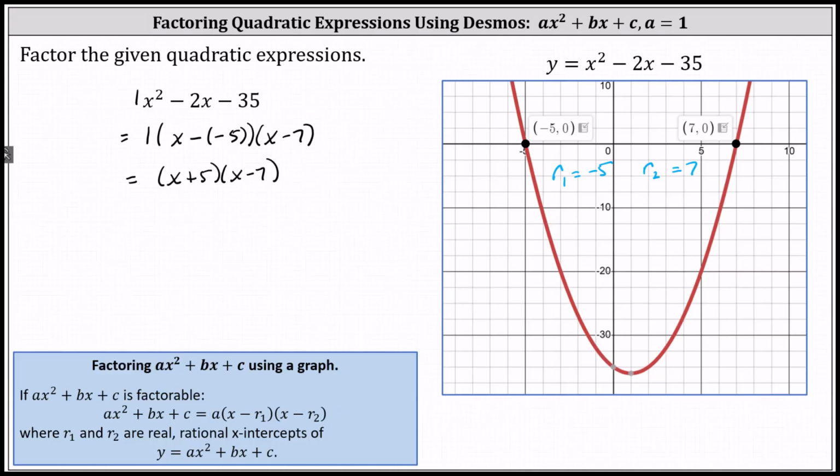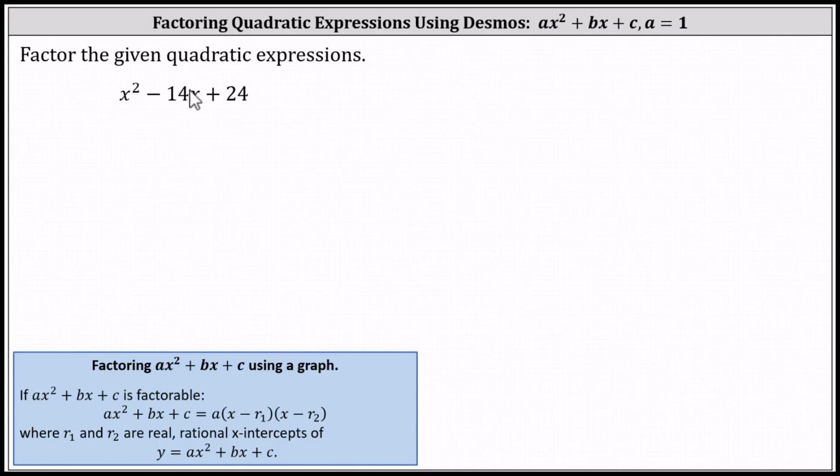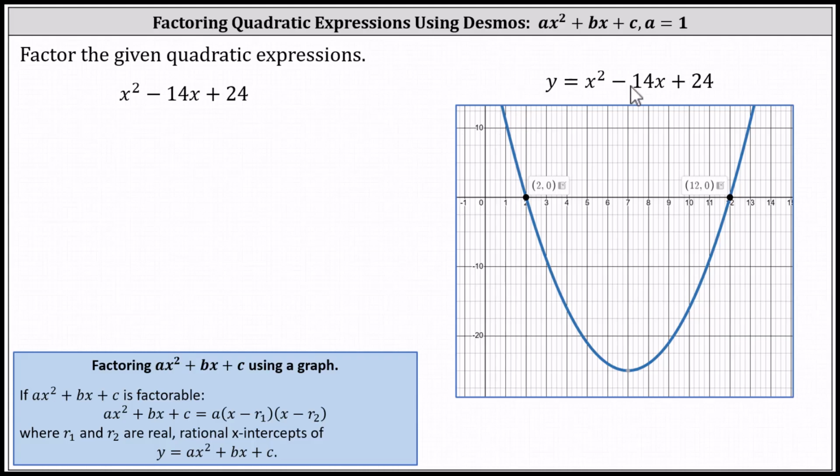Let's look at another example. To factor x squared minus 14x plus 24, we can analyze the graph of y equals x squared minus 14x plus 24 and determine the x-intercepts. Notice the graph intersects the x-axis at x equals +2 and x equals +12. Therefore, we can let r sub 1 equal +2 and r sub 2 equal +12.